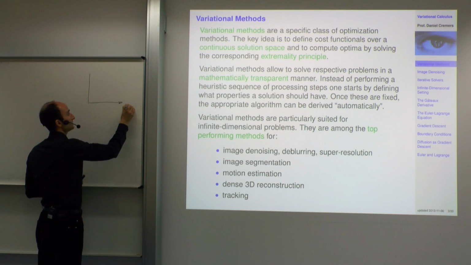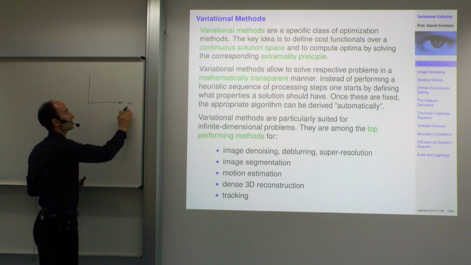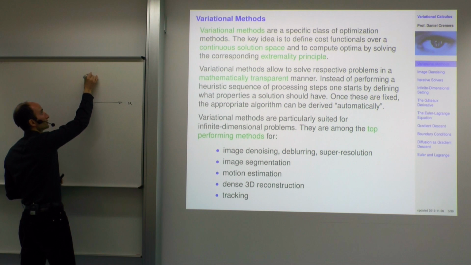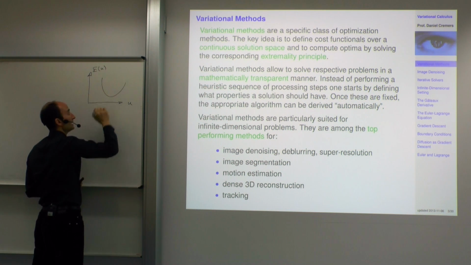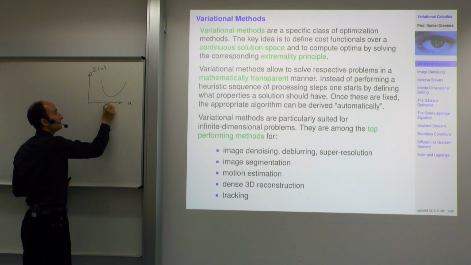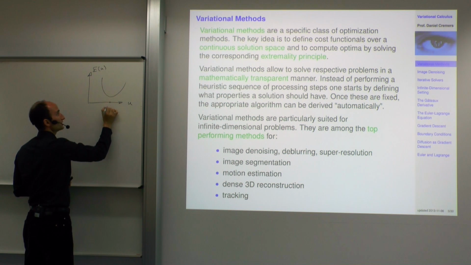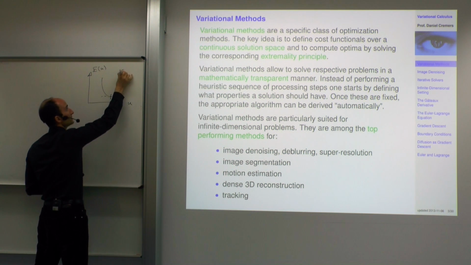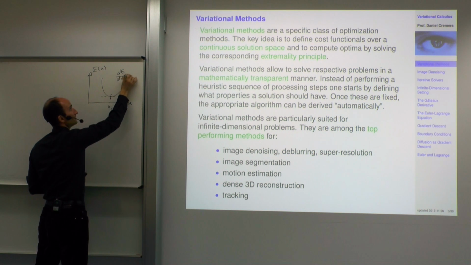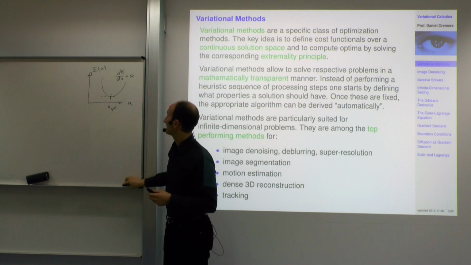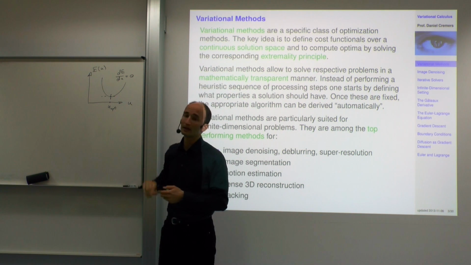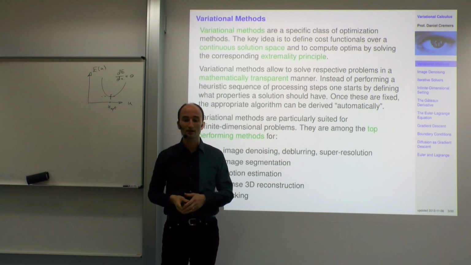The idea is that if you have your solution space, let's call it U, the conceivable solutions, then you have some cost function E of U, and then, as you may recall, the minimizer of the cost function is a location U optimal, where the derivative of E with respect to U must be 0. And as you know, this is a necessary, typically not sufficient condition for minimality, but it's a necessary condition.